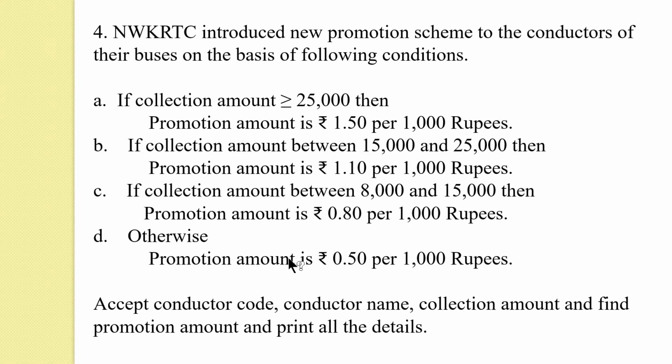Otherwise, the promotion amount will be 50 paisa per 1000 rupees. Later it is given to accept conductor code, conductor name, collection amount, find the promotion amount and print all the details. Right, now let's see the window design.